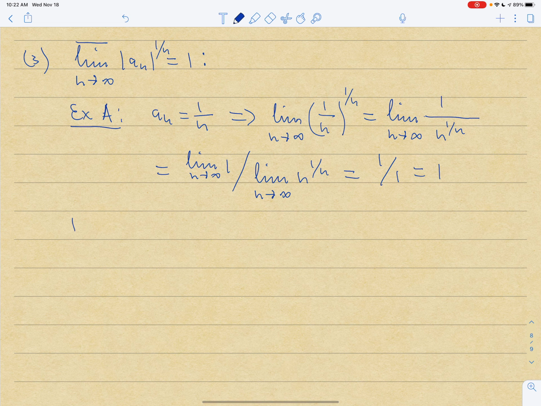And in this case, if I take the series of 1 over n, this diverges because this is a harmonic series.